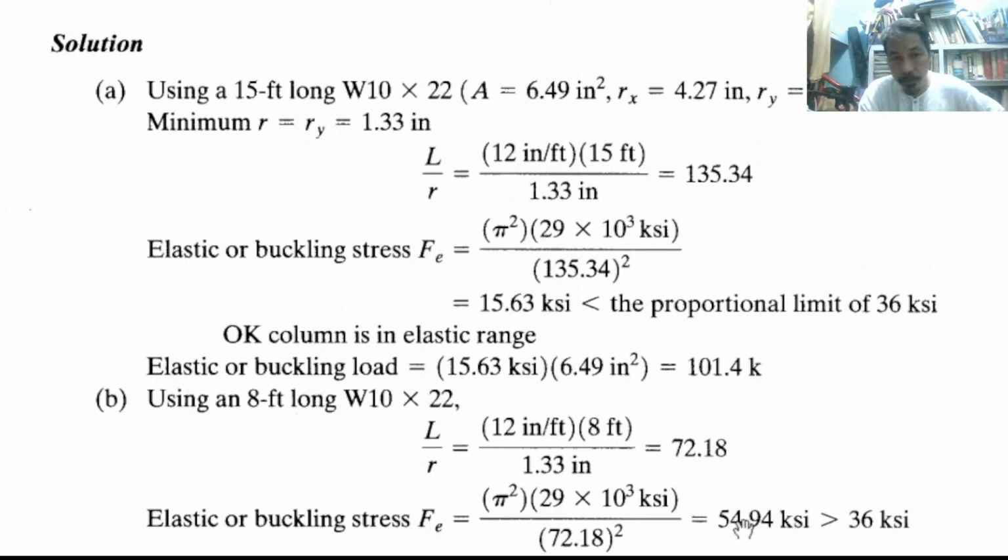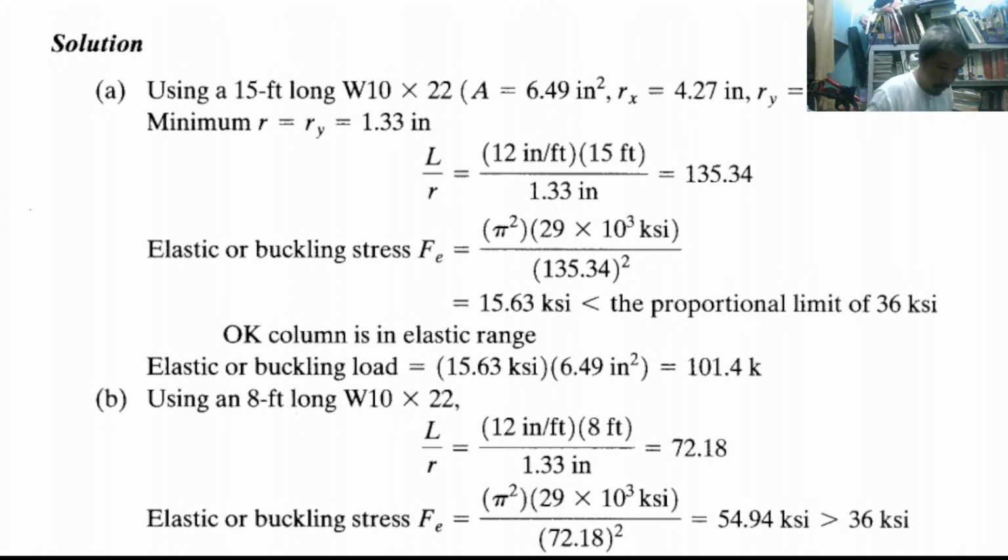The value is now 54.9, which is greater than 36. So the column is in the inelastic range. What do we mean by inelastic? We are now going to the plastic.